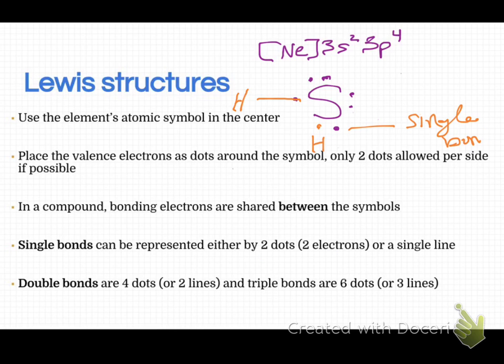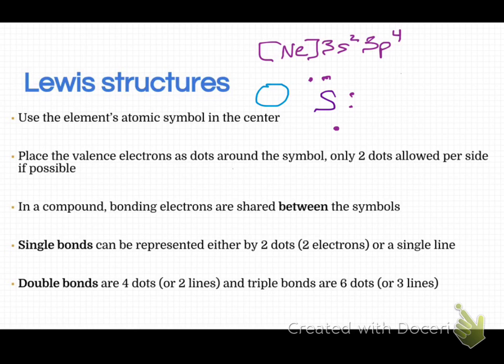Okay. On the other hand, if I have that same sulfur, but instead of putting a hydrogen on it, we wanted to put, say, maybe an oxygen. Oxygen has 6 electrons also, so it's going to be like this. 6 electrons.